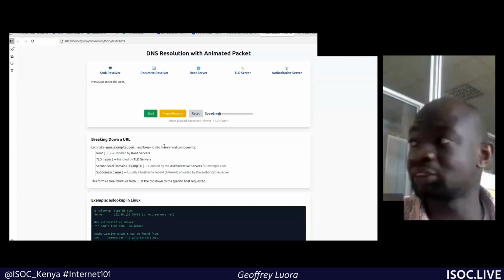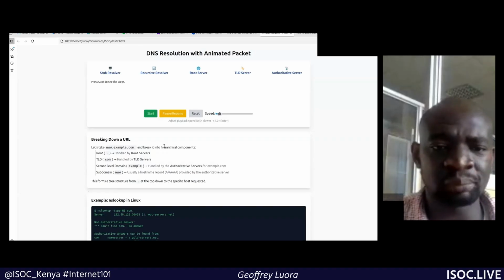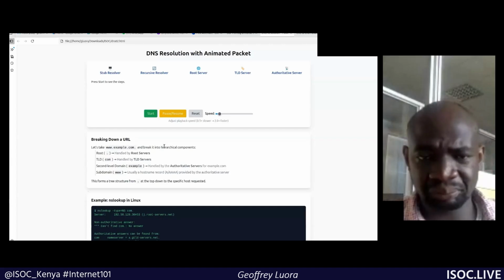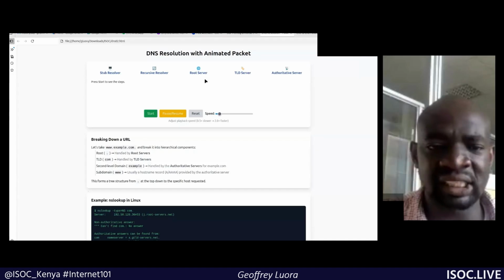And what the recursive resolver will do is check the top level domain. Who manages this? If it's a .com, if it's a .net, if it's a .org, or if it's a .ke. So it will ask the root server for a response on who manages these TLDs.